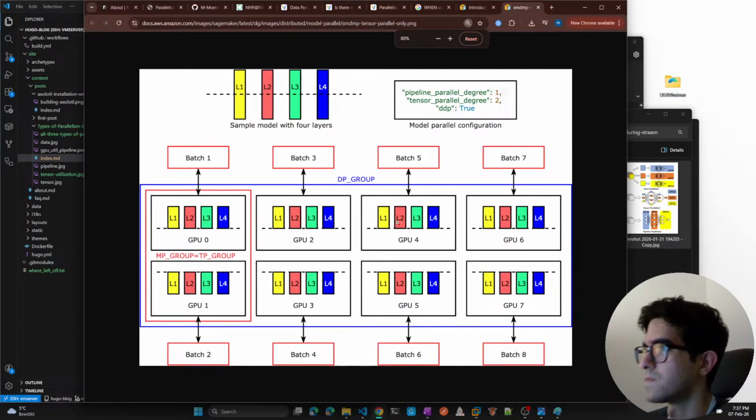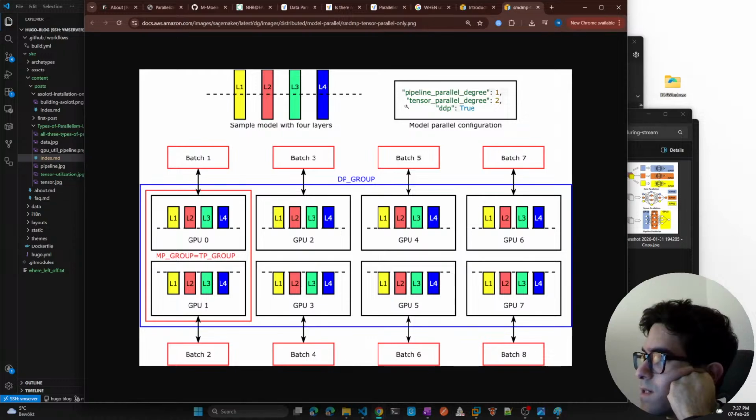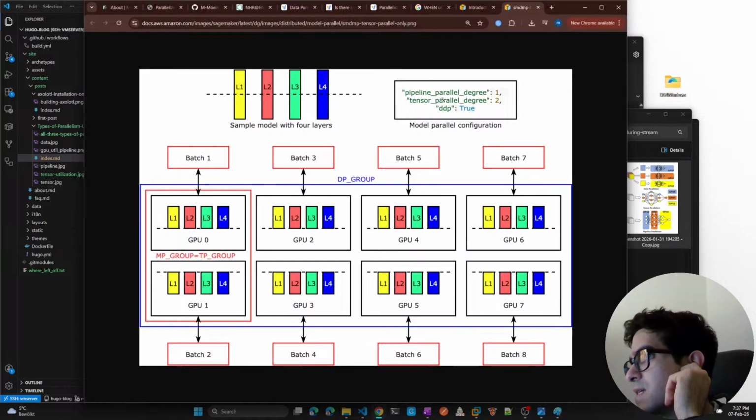So pipeline parallel, tensor parallel degree 2. I mean, this is pipeline parallel degree 1.